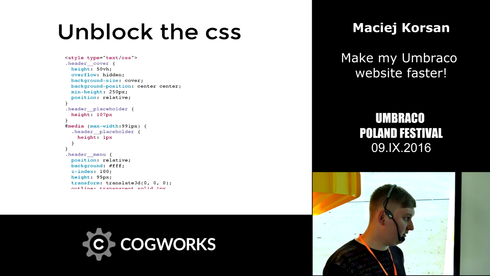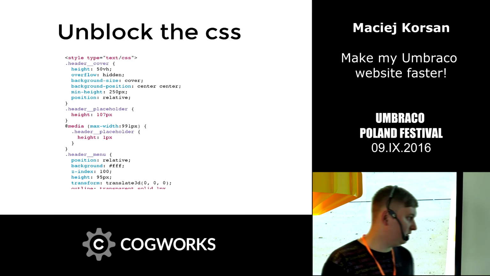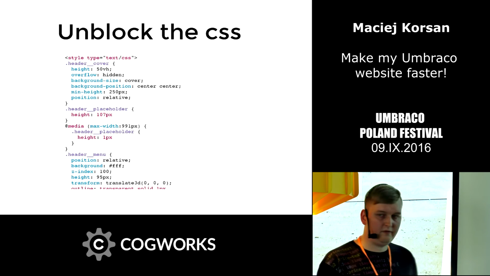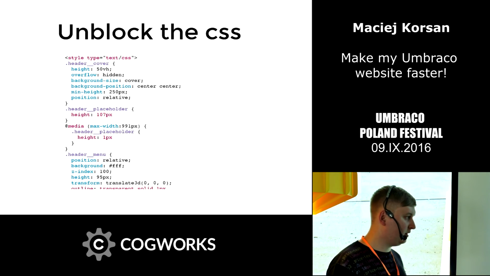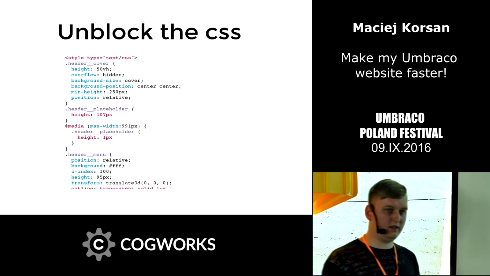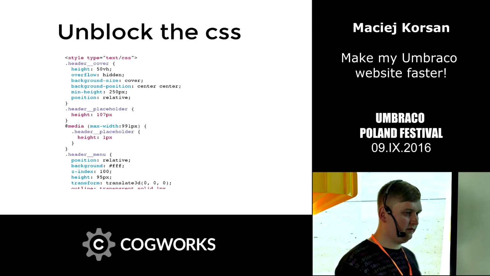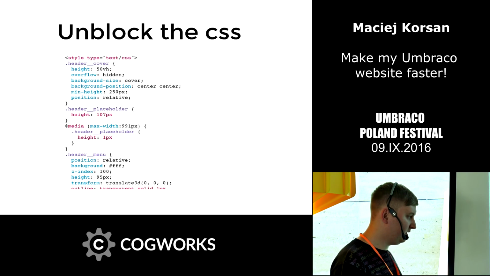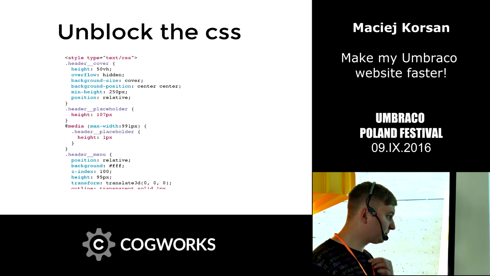from my styles, and I've placed the styles related to this thing inline in the header. So the browser goes, the page loads, and we've already got styles for the header. We are not downloading the whole CSS file to process, but we already have the styles just for the basic view.